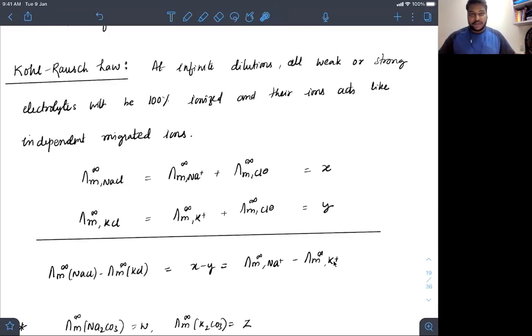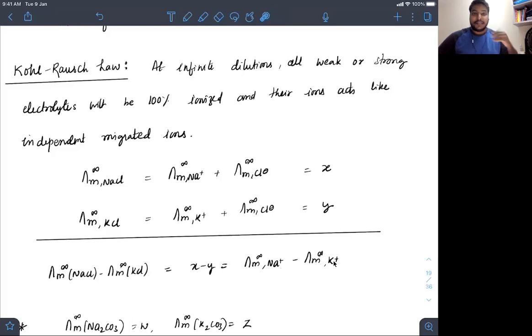At infinite dilution, students, the conductivity of Cl minus in PbCl2 and the conductivity of Cl minus in CaCl2 will be the same. Because that ion and this ion are the same, and they are 100% dissociated at infinite dilution, meaning there is nothing to hold them back. They are completely independent of the other ions. Because if it is infinite dilution, Cl minus is here, Pb 2 plus is very far away, or Cl minus is also far away, so they do not have much of an interaction.